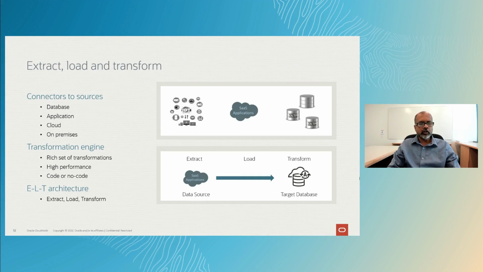Of course, once you author these data transformation flows, the transformation engine should be able to execute them and process the data. So this ELT architecture is actually quite efficient and is of high performance. And in our case, you are loading to autonomous database and using the autonomous database as a very high performance transformation engine.